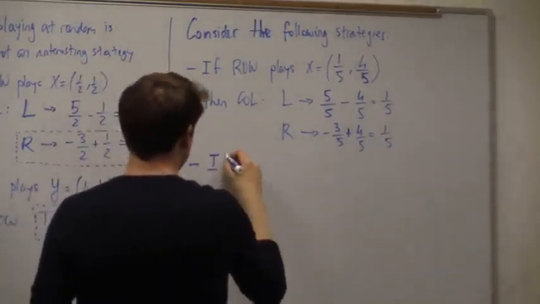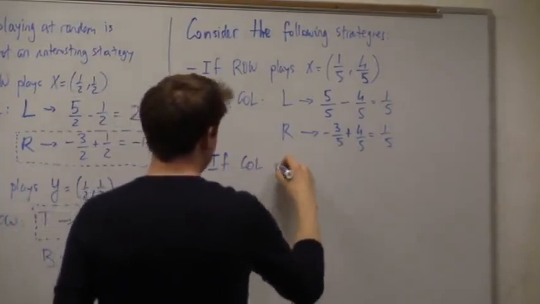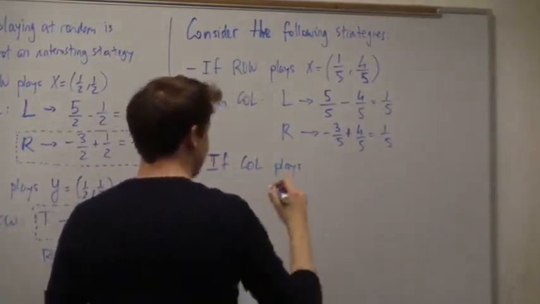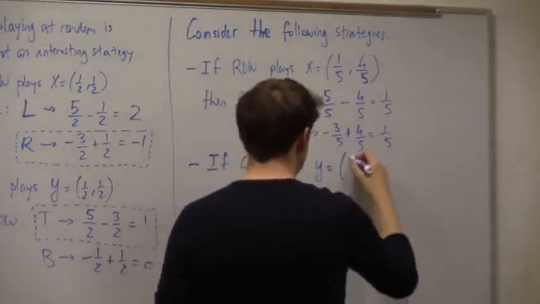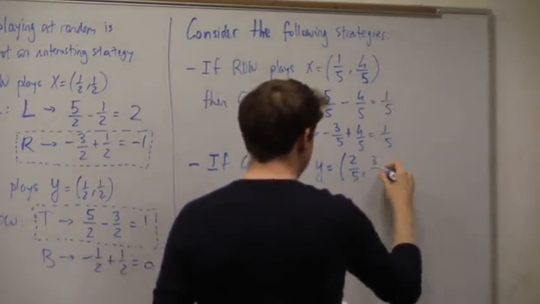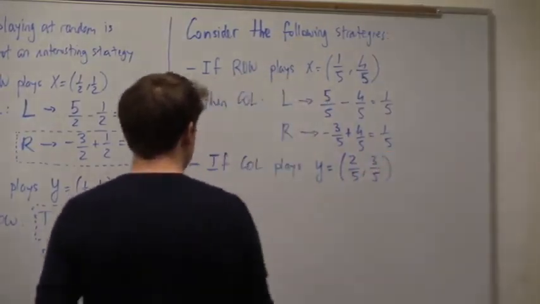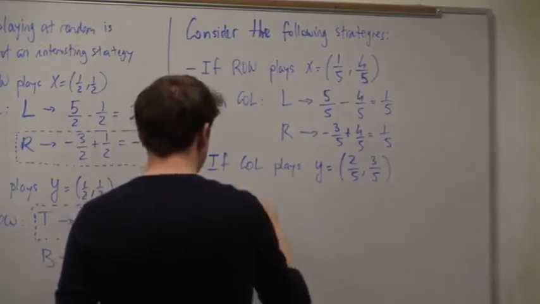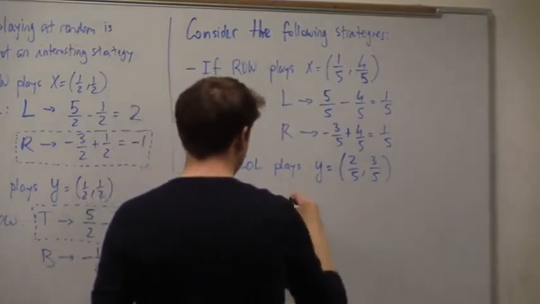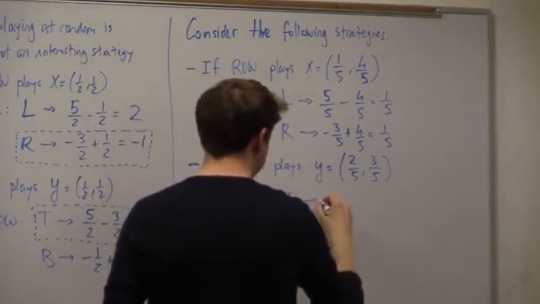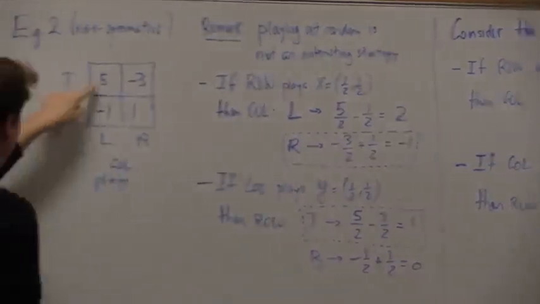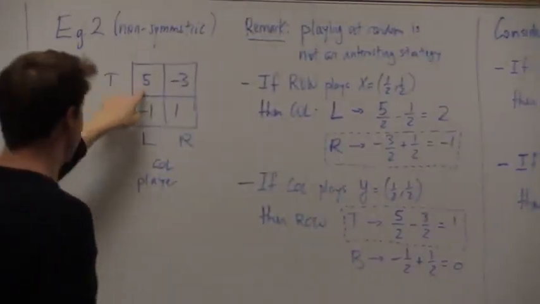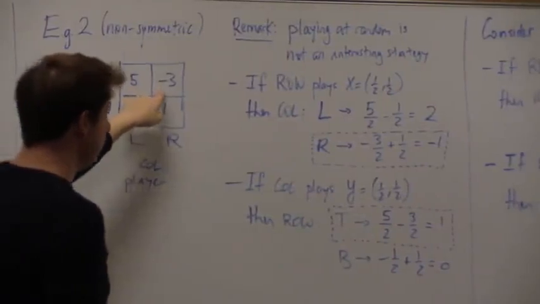Now, if the column player plays a strategy Y, which I'm, again, writing down and not explaining where it comes from yet, 2/5 and 3/5, then the row player has two options, either top or bottom. If he plays top, he will have 5 2/5 of the time and -3 3/5 of the time.